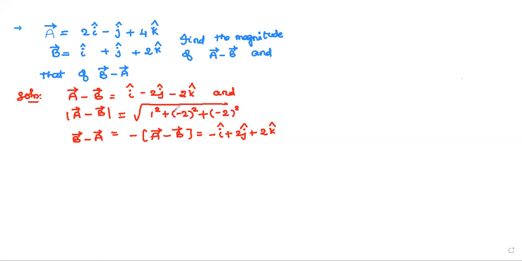This is 4, 4 plus 4 is 8, 8 plus 1 is 9, root 9 is 3. Okay. And mod of b bar minus a bar, how much do you get? Without my help, you say, by taking the magnitude, root over how much, and finally how much do you get there.